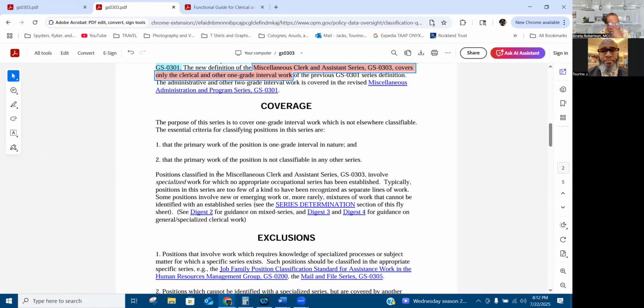So this is what I'm going to have to do for my own knowledge. I'm going to have to pull up the 301 and pull up its coverage area and compare it to the 303's coverage area, so that I clearly define the difference. The difference is that in the 301, because it's two grade interval work, it's administrative work.